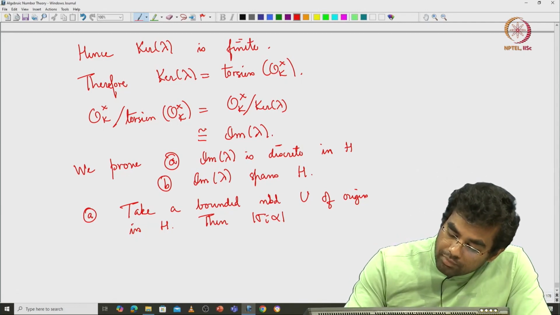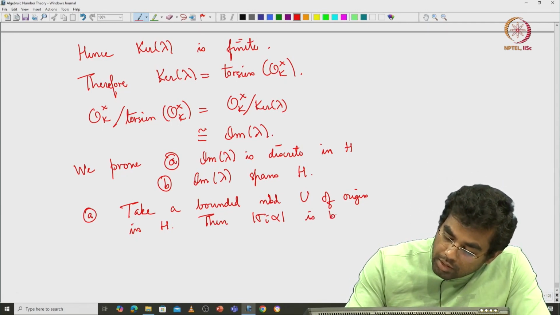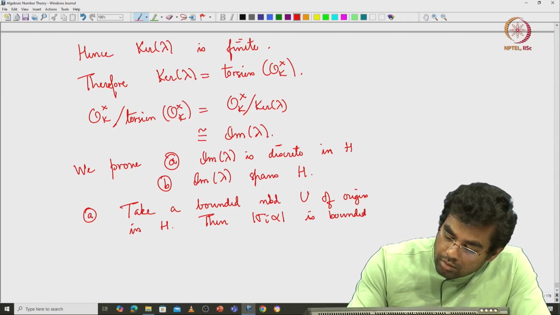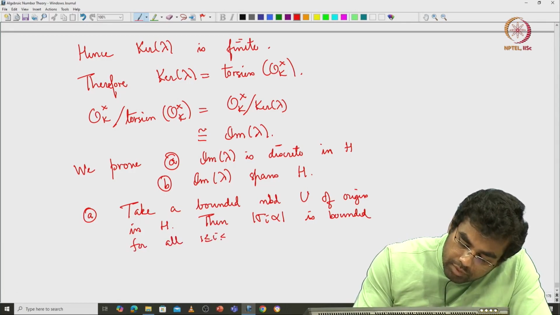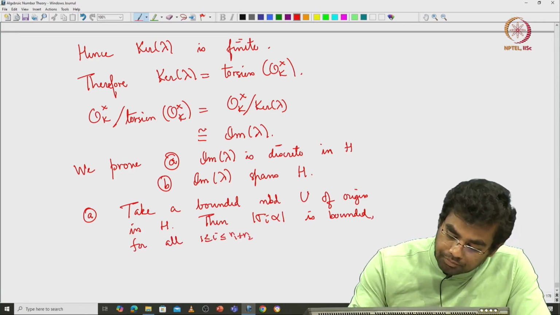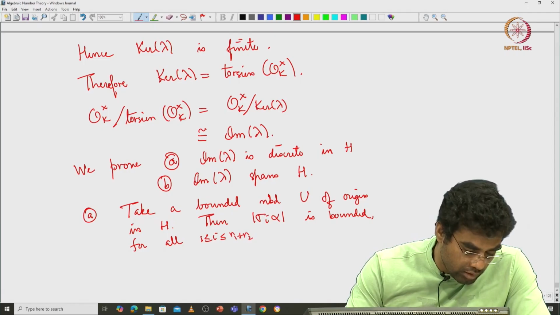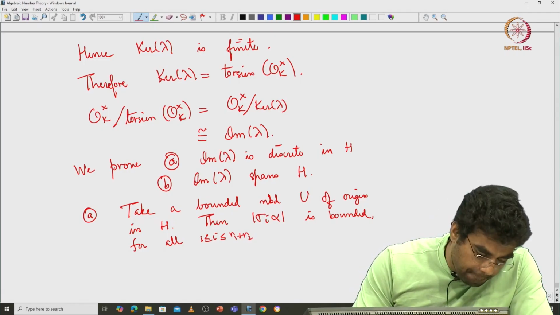Then sigma I of alpha is bounded for all i's between 1 and R1 plus R2.